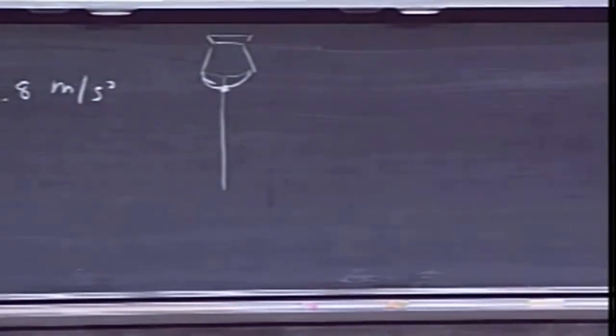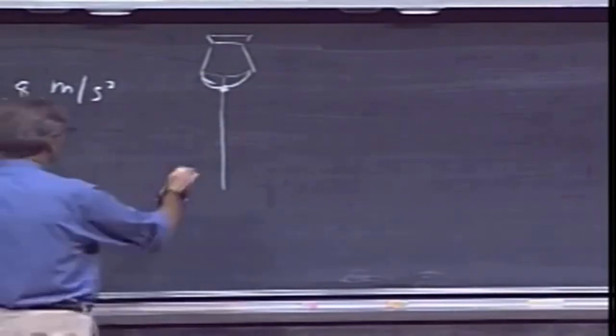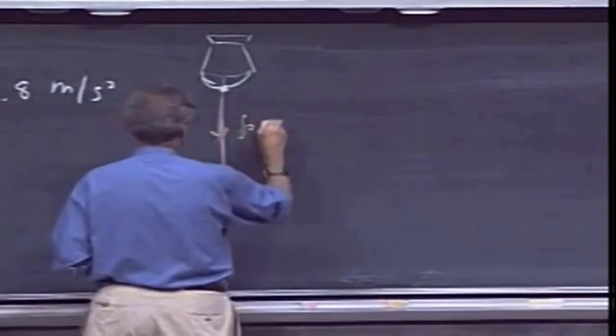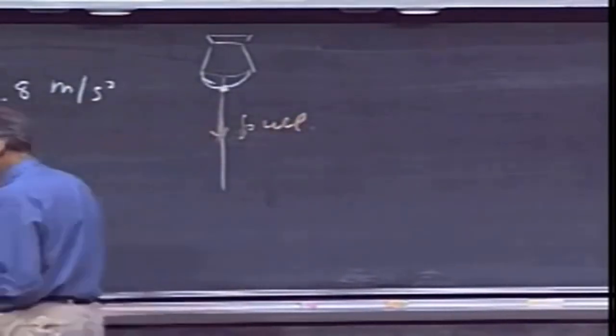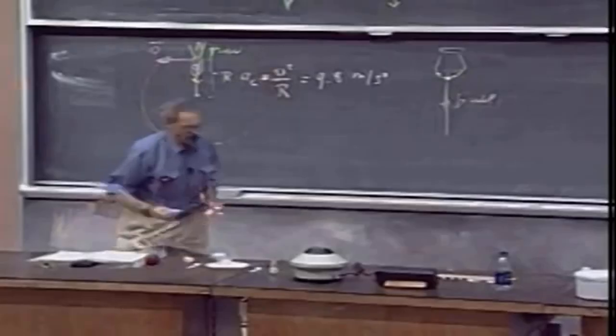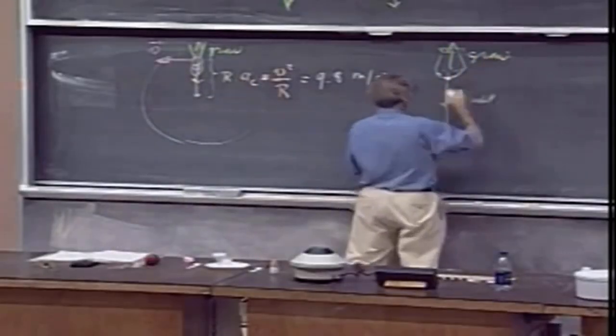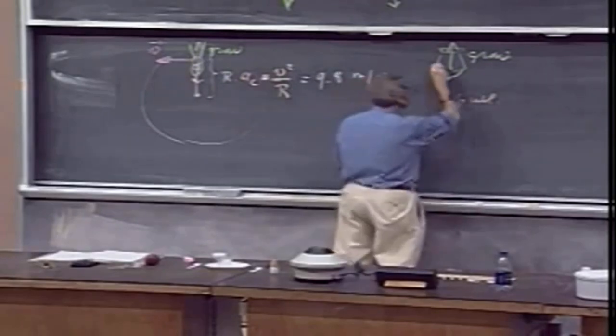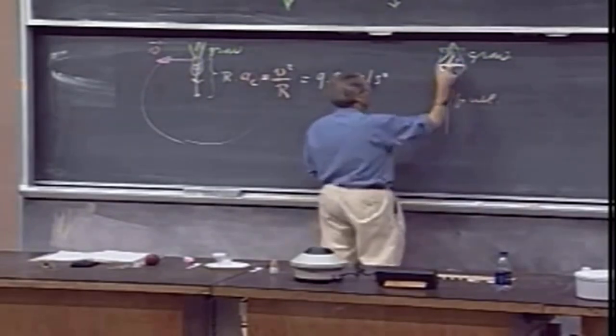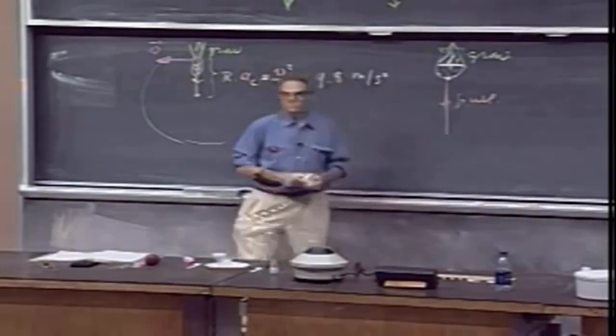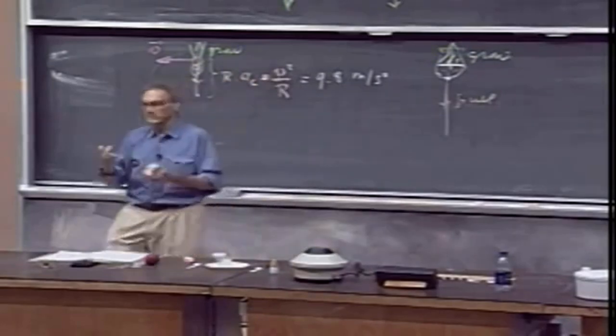So the string is definitely going to pull. So if you were the water, and I asked you where is gravity, you would say the gravitational direction is in this direction. And so the water will say, okay, fine. Then this will be my surface, and I want to go in this direction. But the water can't go in that direction, so it will just stay there.